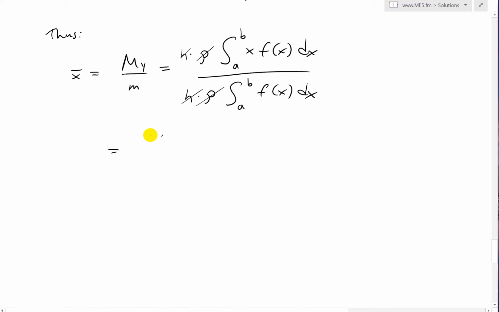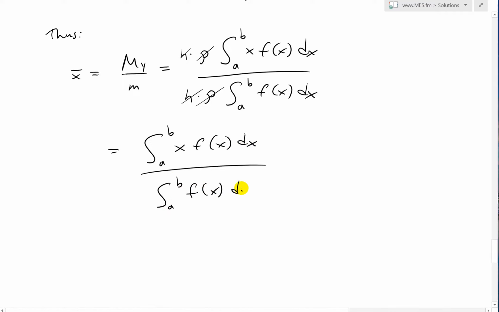So we end up getting the integral from a to b of x f of x dx, divided by the integral from a to b of f of x dx.